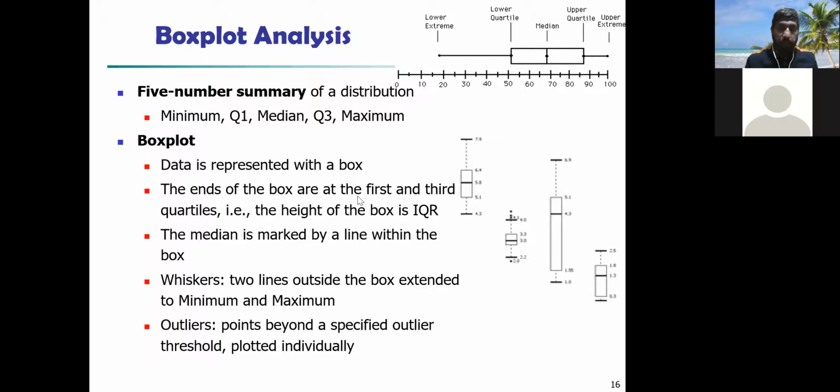And here you can get a better idea of the distribution. So for example, let me see if I can use my pen, although my writing would be terrible. Can you see my blank screen? So let's say this is a box.